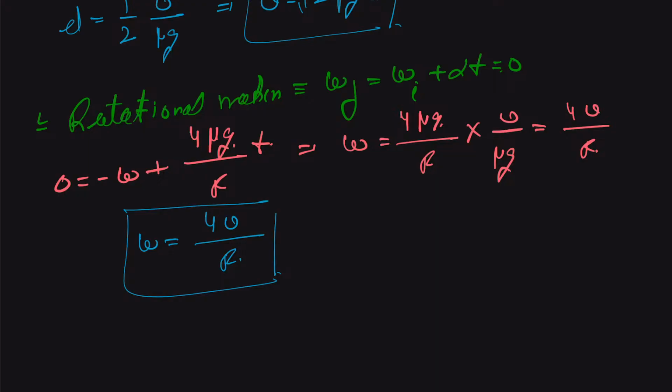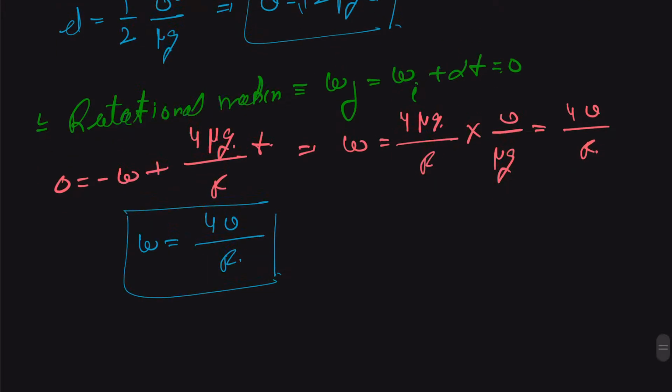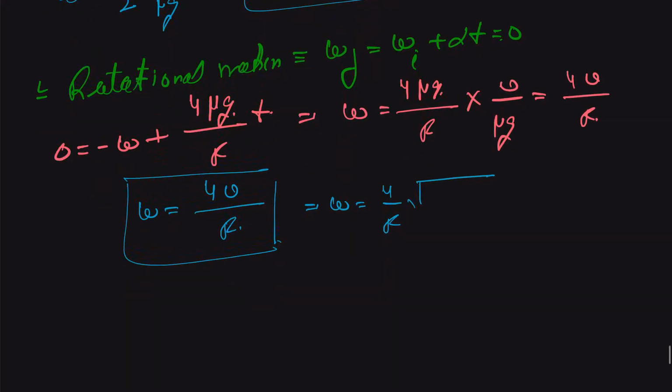And we can substitute the value of v here, because v is the square root of 2 mu gd. So this gives us omega is equal to 4 upon r times the square root of 2 mu gd, and this is our value of the angular velocity.